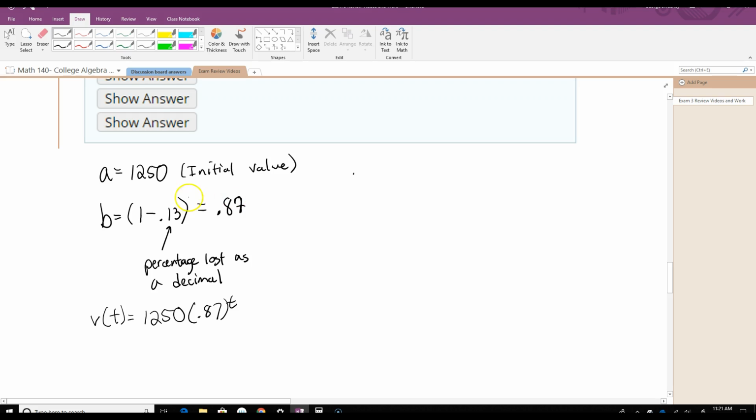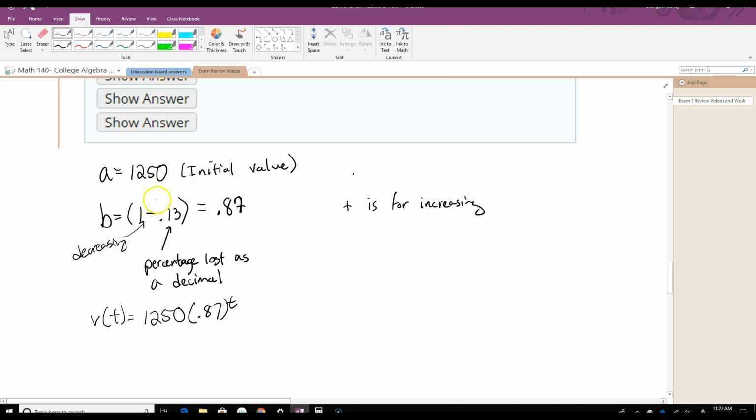Because this is decreasing, we're going to use the minus. If it was increasing, I'd use the plus, so it'd be 1 plus 0.13. For example, bank accounts that are getting bigger end up increasing in value, so we end up adding. Addition is for increasing, and we're always starting at 1 because 1 is 100%.